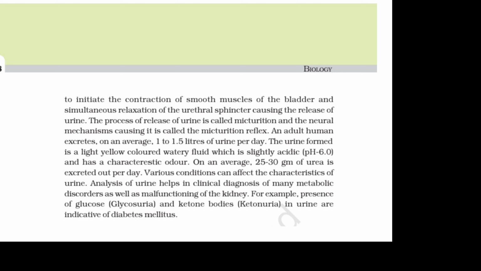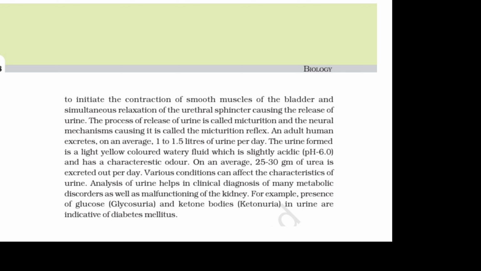An adult human excretes on an average 1 to 1.5 liters of urine per day. The urine formed is a light yellow-colored, watery fluid which is slightly acidic, that is, pH of 6, and has a characteristic odor. On an average, 25 to 30 grams of urea is excreted out per day.